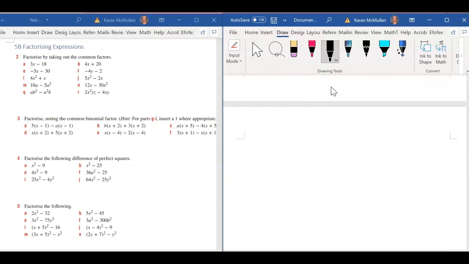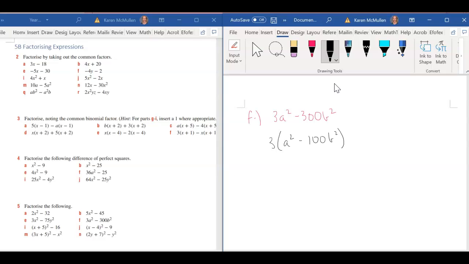All right, let's do another one from question 5. Let's do F. 3a squared minus 300b squared. Again, 3 and 300 are not perfect squares, but we can take out 3 as a common factor and just see what happens. 100 is a perfect square, which is awesome.